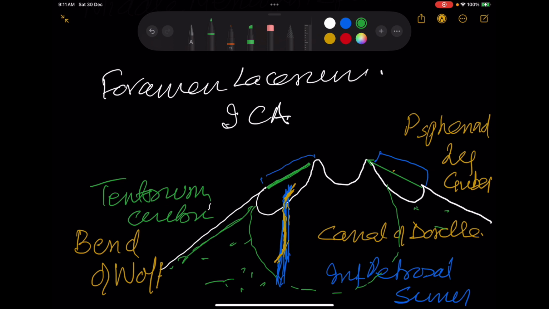So when there is an intracranial space occupying lesion above the membrane, this whole membrane pushes the hindbrain down, and this nerve, the abducent nerve, as the pons goes down, is stretched at this bend of Wolf, and there is a paralysis of the sixth nerve, which indicates that there is a supratentorial space occupying lesion, maybe a hemorrhage.